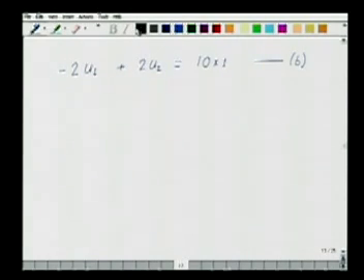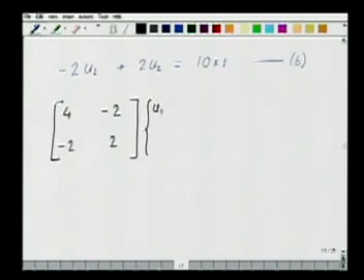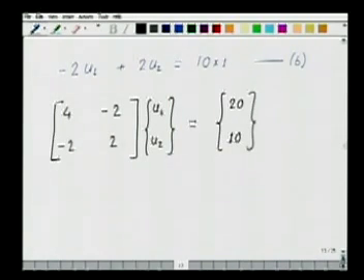So if I write it in matrix form, what will I get? I will get the matrix 4, minus 2, minus 2, 2, into u1, u2, is equal to 20 and 10. So I have to solve this matrix problem. It's very easy to invert this matrix.